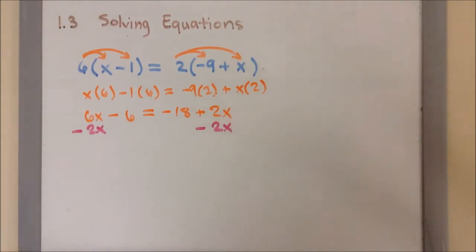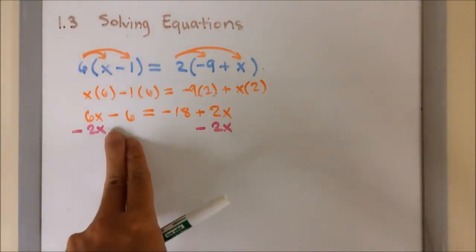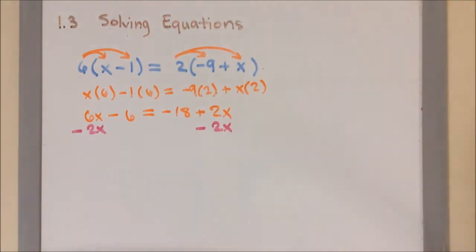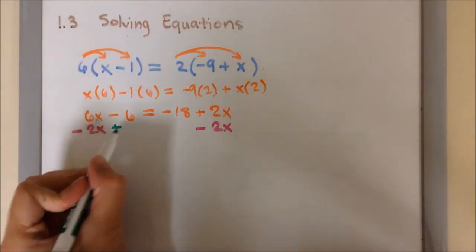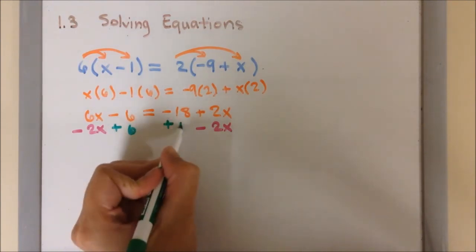Now, once I get all the x's on the left side, I need to get all the numbers to the right side. On my left side, I have minus 6. So I need to cancel out minus 6 in order to have it on the right side. The opposite of minus 6 is plus 6. Since I did it on the left side, I have to do it on the right side.